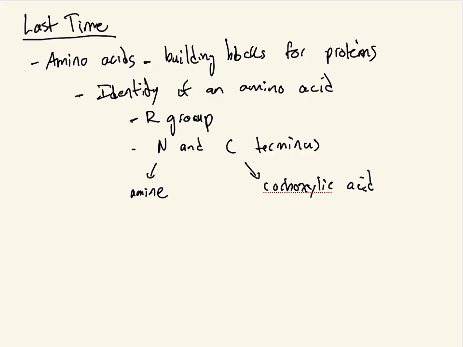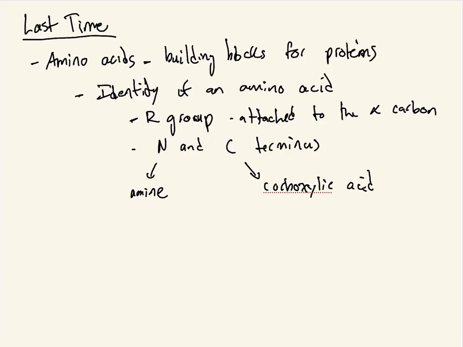That's attached to the, does anyone remember what that carbon was called? The Greek letter. Alpha carbon, right? So that's the alpha carbon. We'll just go through the Greek alphabet, and if you start there, you get the right answer right away.